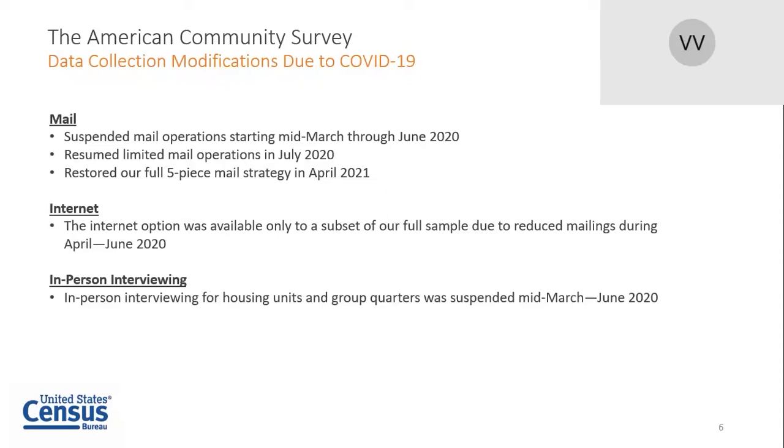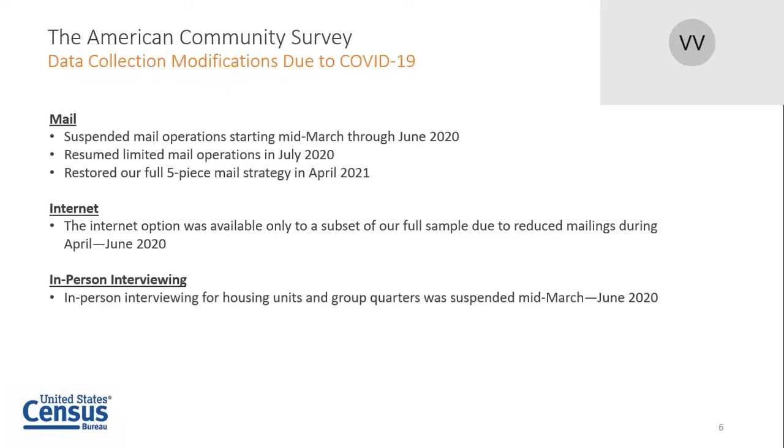We suspended mail operations in mid-March of 2020 and ultimately canceled the mail-outs for April, May, and the June panels in 2020. From July of 2020 through March of 2021, we mailed survey materials using a revised strategy. We returned to our full 5-piece mailing strategy in April of 2021.